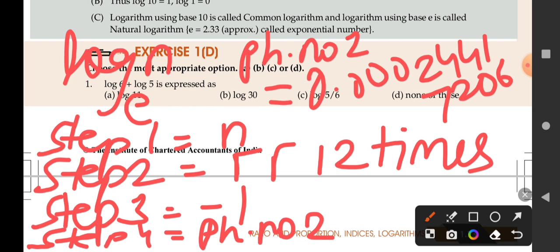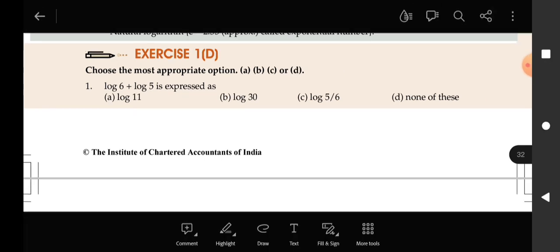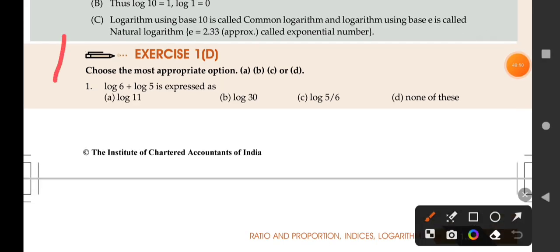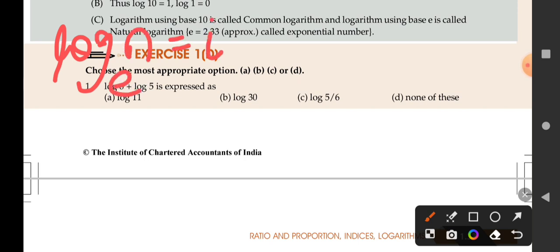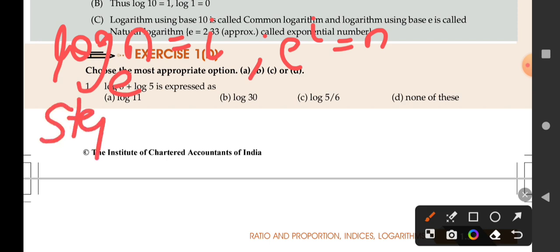And what will be the anti-log of this? This is more of e power, the exponential number, that means for continuous compounding. So for anti-log you can write, we have log of n to the base e is equals to I. So that means e power I is equals to n. So step 1 is I into phone number 2.